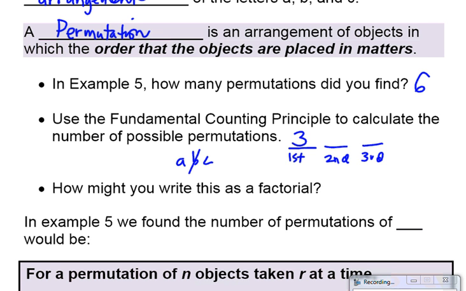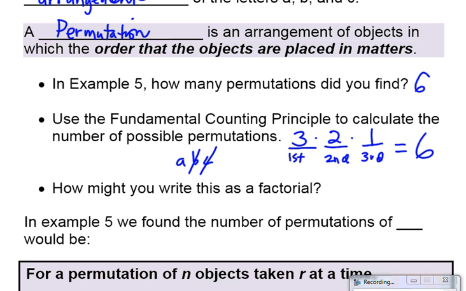So once I use one of those, then I've got 2 left to put in that second spot. So I used up another one, and now I only have 1. So remember what goes here when we do the fundamental counting principle is the number of choices that I have. So 3 choices times 2 choices times 1 choice. And that ends up with 6 different possible ways of arranging those 3 letters.